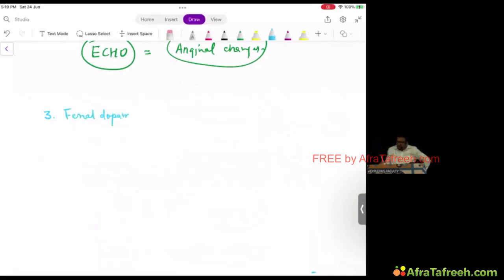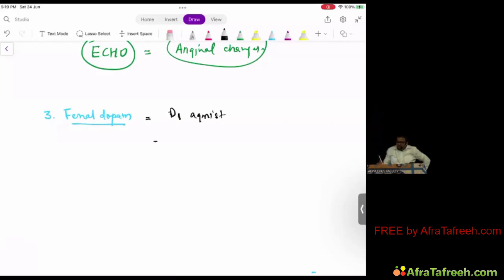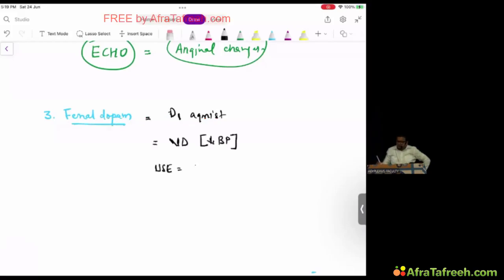Simple drug, fenoldopam. Fenoldopam is simply a D1 agonist. It's a vasodilator. D1 receptors are vasodilators, so it decreases BP. And therefore, the only use of this drug is hypertensive emergency.